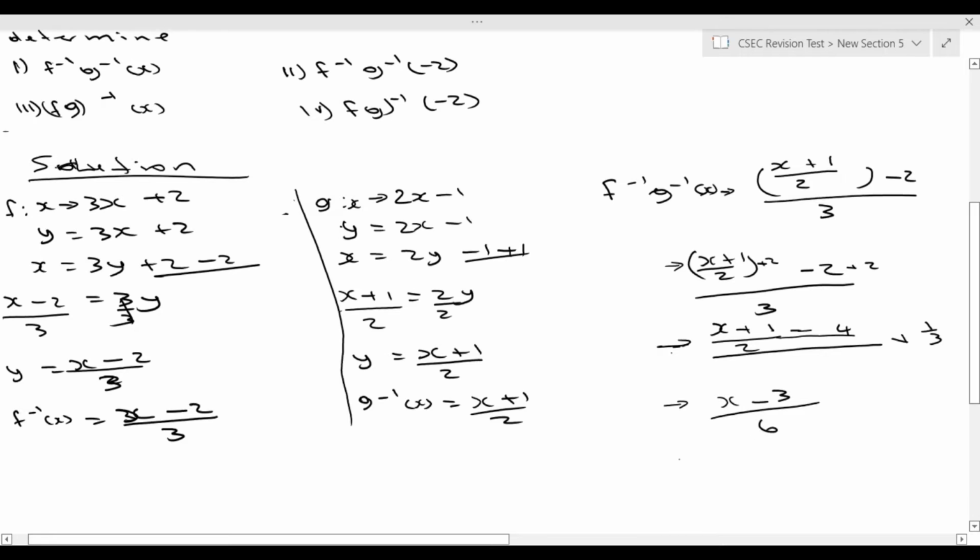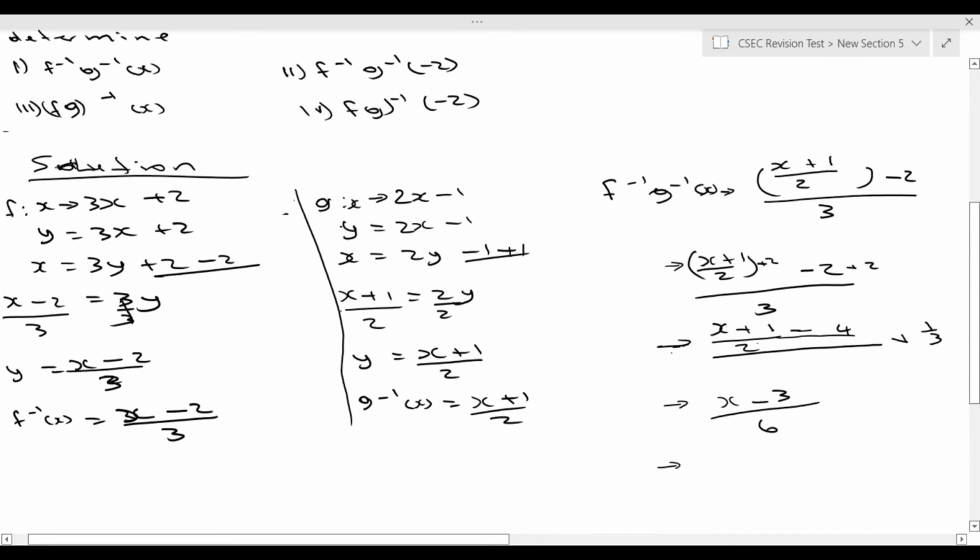We got this 3 from the denominator by multiplying by the reciprocal of it, which is 1 over 3. This 2 now, we multiplied it by 2, and multiplied this negative 2 by 2 to get a negative 4.